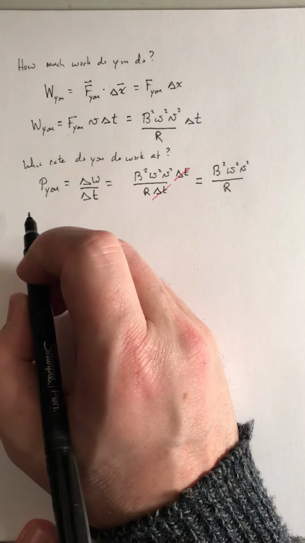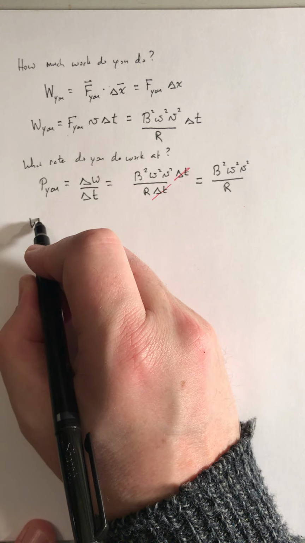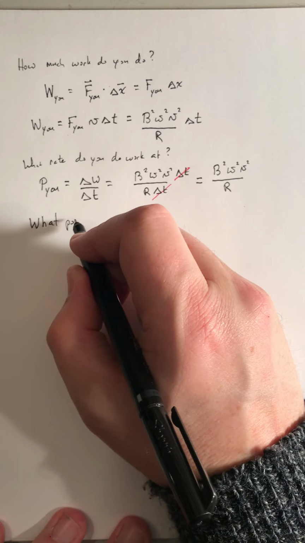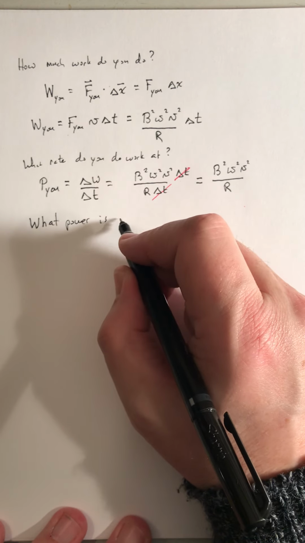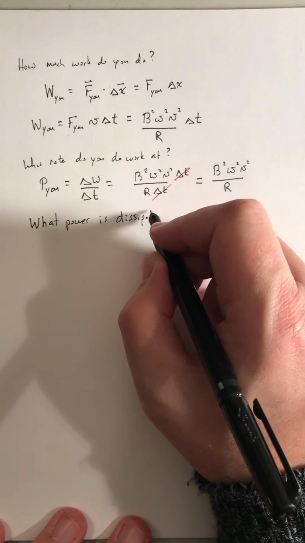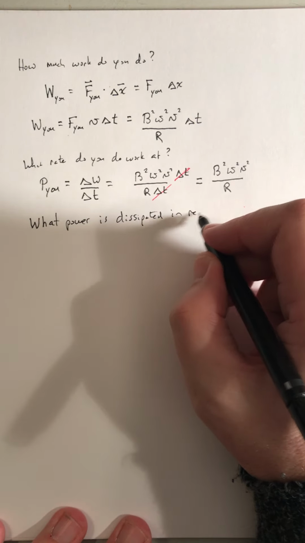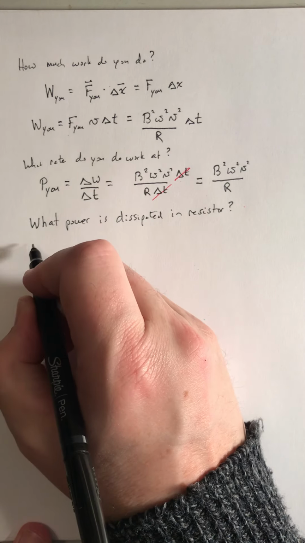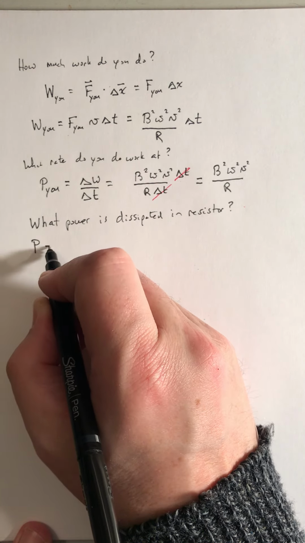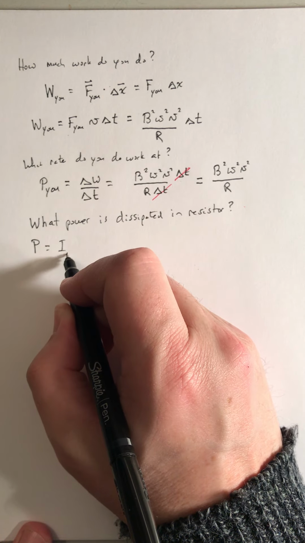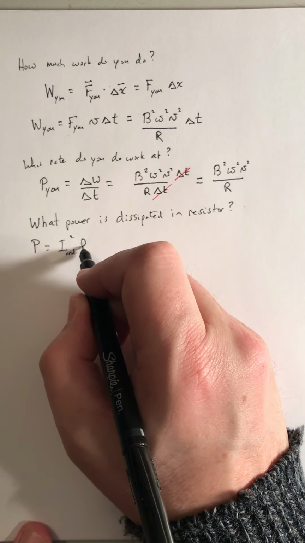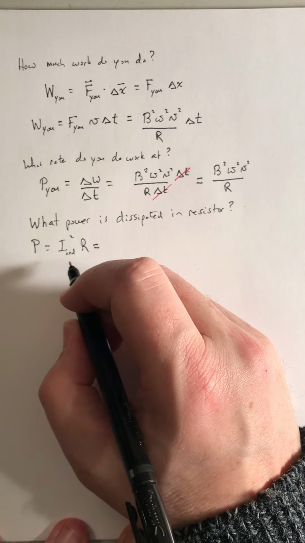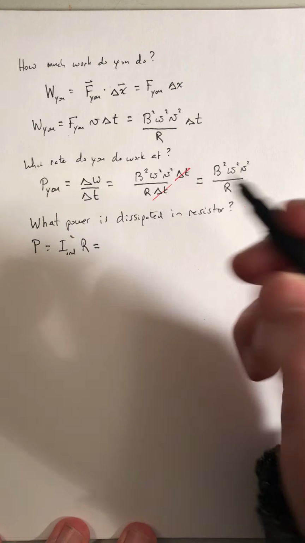And now let's close the loop and see the logic of it. What power is dissipated in the resistor? That power is going to be the induced current squared times the resistance. We have just previously found an expression for the induced current.